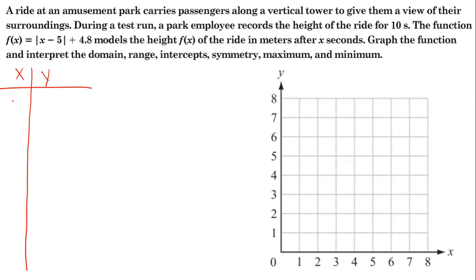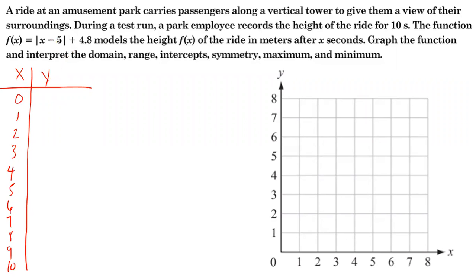We're going from 0 to 10 seconds, right? So 0, 1, 2, 3, 4, 5, 6, 7, 8, 9, 10. And we're evaluating where the ride is after these number of seconds, because x represents our seconds.